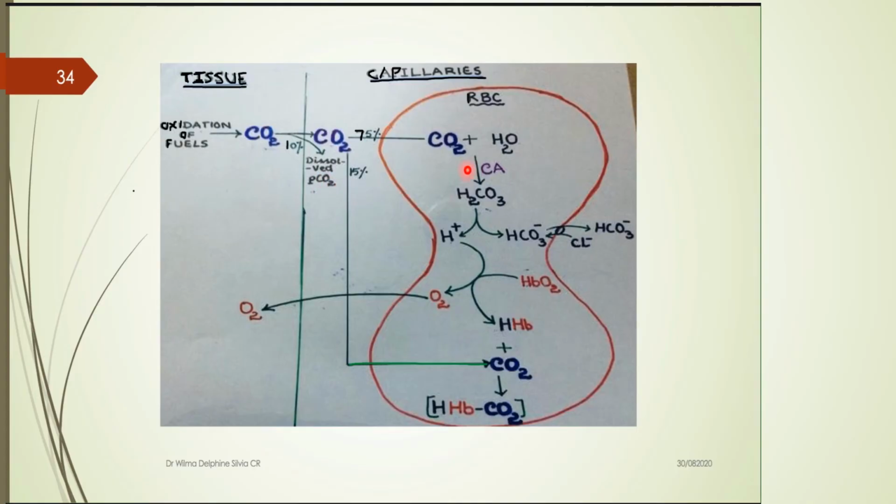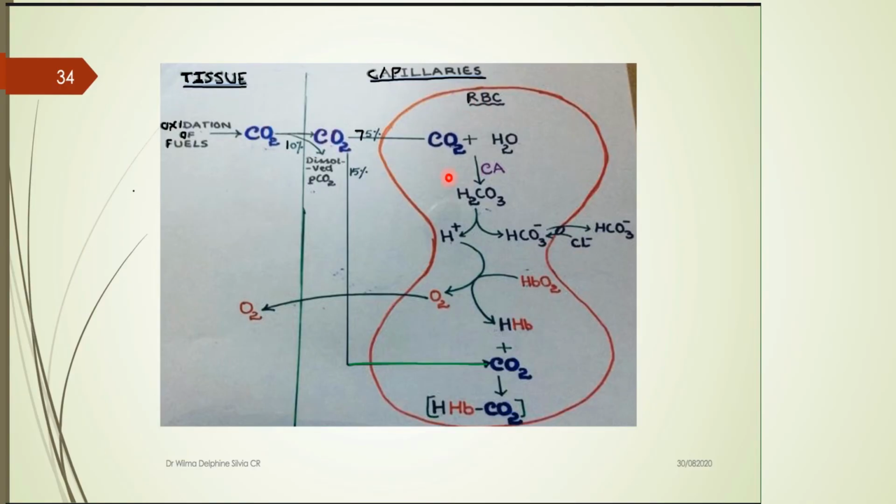So at the tissue level, what happens? As the bicarbonate level increases within the RBC, to maintain the electrochemical neutrality, there is exchange of bicarbonate with the chloride ions, so that the chloride enters into the RBC. This is known as chloride shift or the Hamburger shift, which is a result of carbon dioxide uptake.